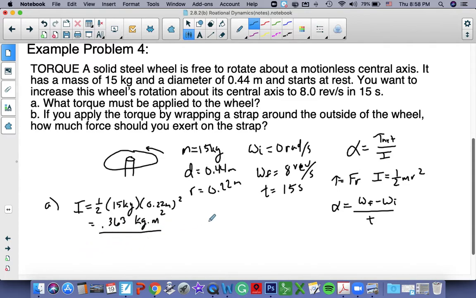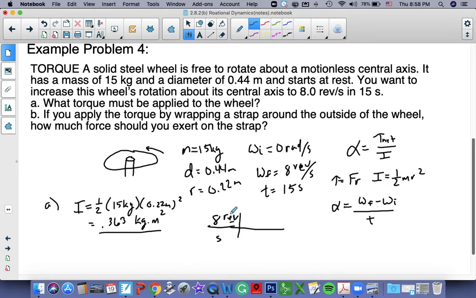And let's get our angular acceleration here. So we're going to do final, and again we had to change that, so let's do that here quick. If we have 8 revolutions per second, and we want to convert, okay, so that's 8 revs in 1 second. What's our conversion here?